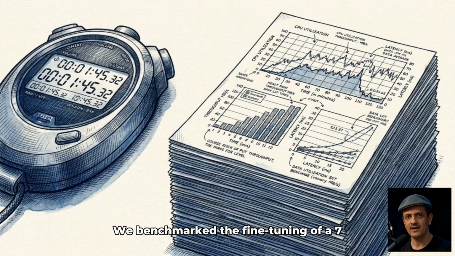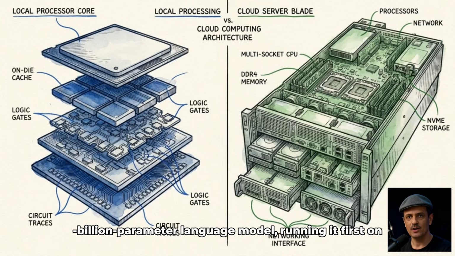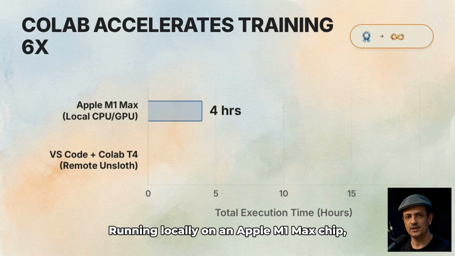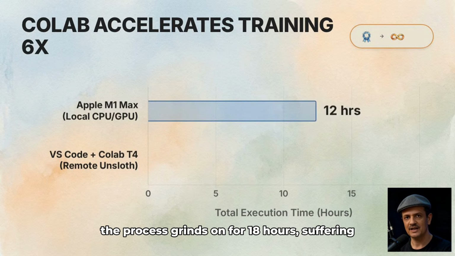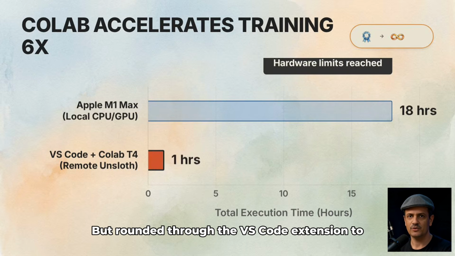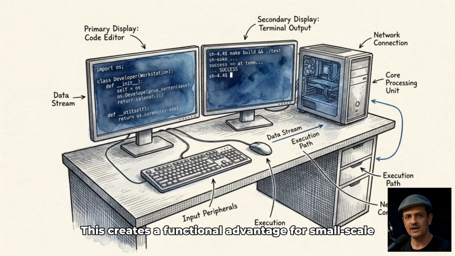We benchmarked the fine-tuning of a 7 billion parameter language model, running it first on local silicon and then remotely through the Colab extension. Running locally on an Apple M1 Max chip, the process grinds on for 18 hours, suffering severe thermal throttling. But routed through the VS Code extension to a Colab T4 with Unsloth, it completes in just 3 hours.